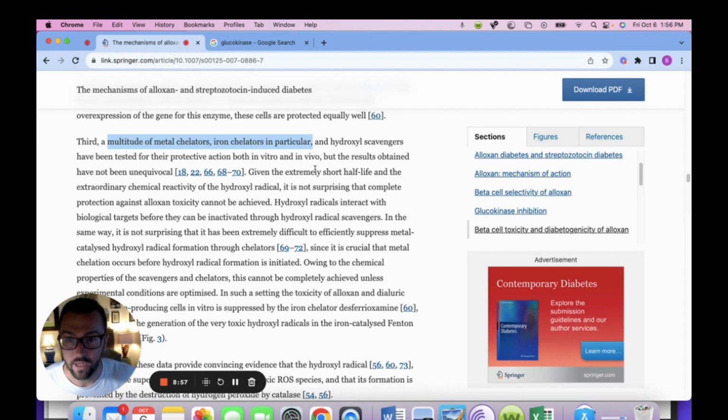Basically, they're saying, given the extremely short half-life and the extraordinary chemical reactivity of the hydroxyl radical, it is not surprising that complete protection against alloxan toxicity cannot be achieved, right? So it really doesn't matter what you're using to block hydroxyl radicals. They work so quickly and so violently, they're very, very hard to get in front of.